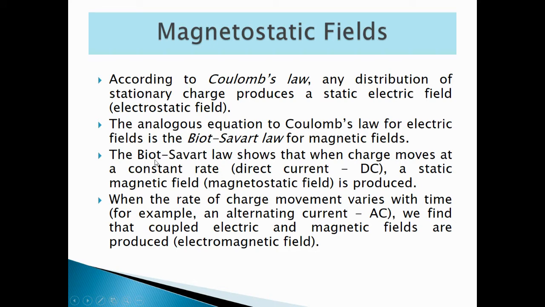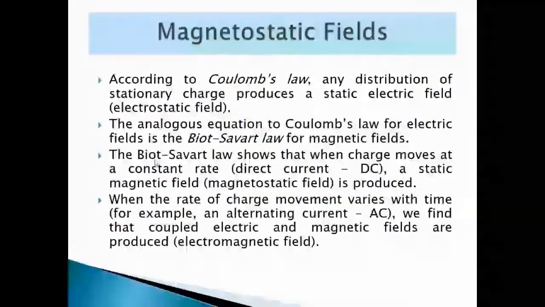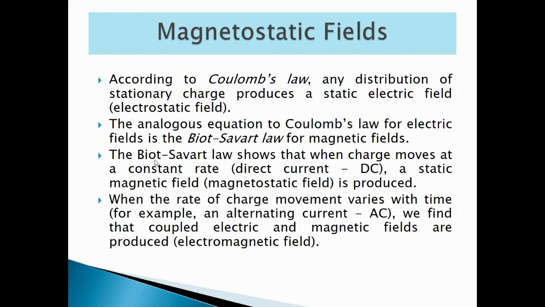On the other hand, if a charge or a group of charges moves from positive to negative and negative to positive and so forth, this produces what is called alternating current, which has a mixture of both electric and magnetic components moving along one certain direction, and we call it the electromagnetic field.